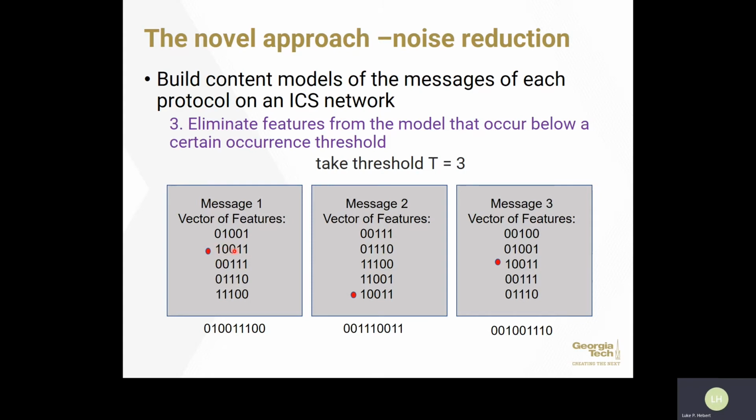So you see 10011 is kept 3 times, and feel free to pause the video to check me, but these occur 3 times, and I'm marking out those that don't occur 3 times because they didn't meet a frequency threshold. So those would be discarded as valid features to put into our prototype model. And this achieves noise reduction in trying to determine which are defining features of our protocol.